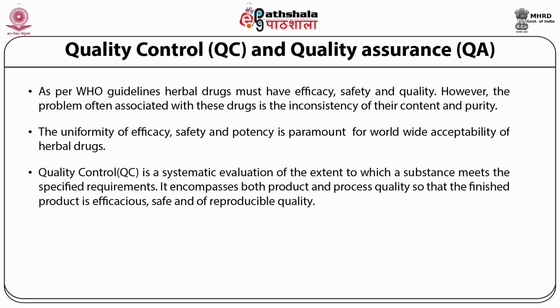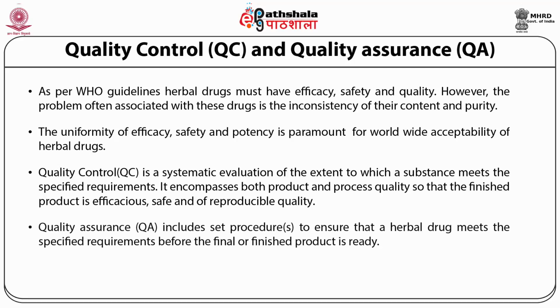It encompasses both product and process quality so that the finished product is efficacious, safe, and of reproducible quality. Quality assurance, on the other hand, includes a set of procedures to ensure that the herbal product meets the specified requirements before the final or finished product is ready.